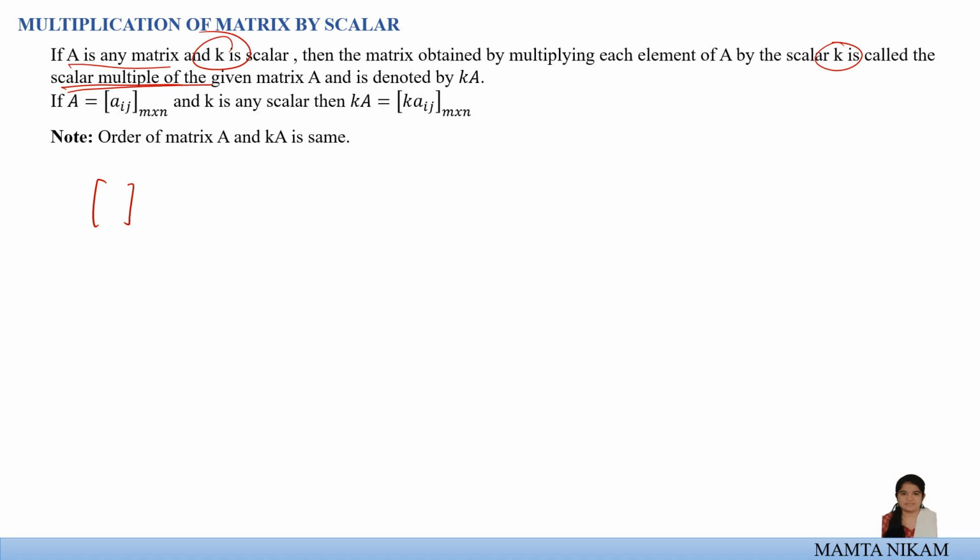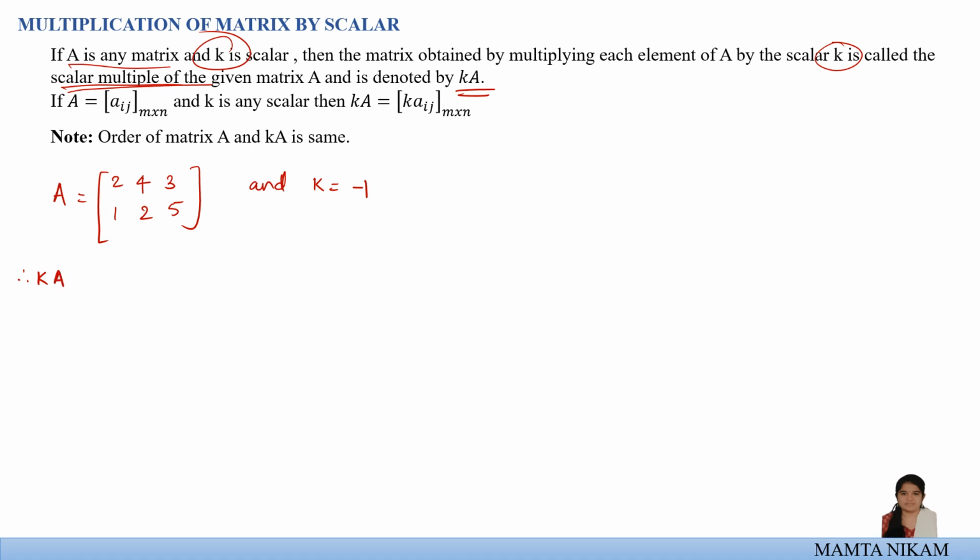And how do we denote it? We denote it as KA. Suppose, for example, we have a matrix [2 4 3; 1 2 5], and we have some scalar K equal to say -1. So what will the scalar multiple be?